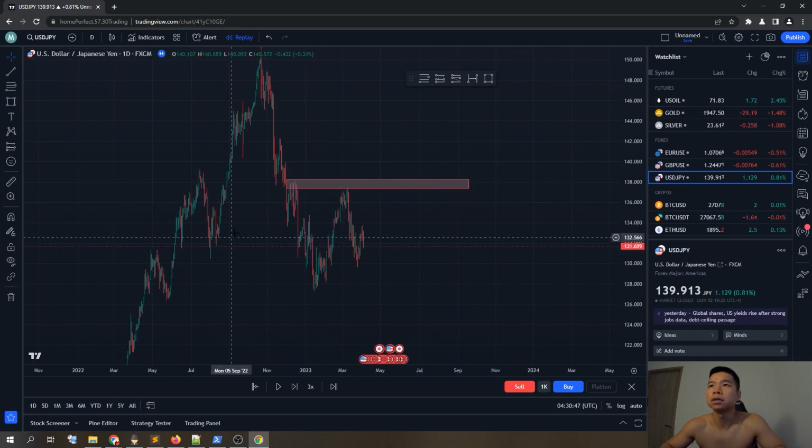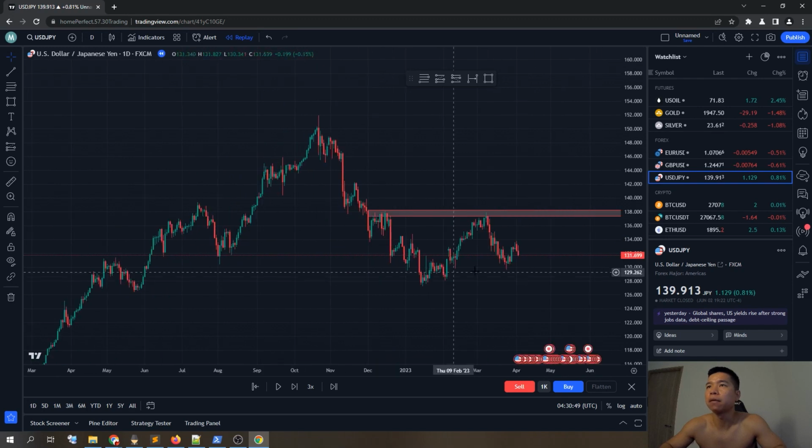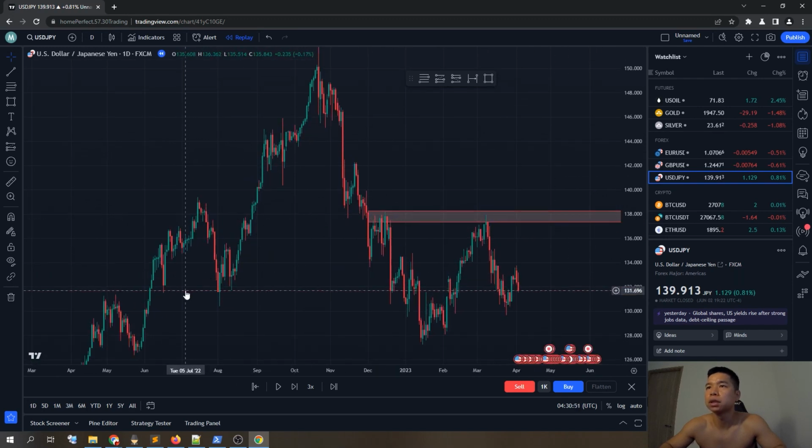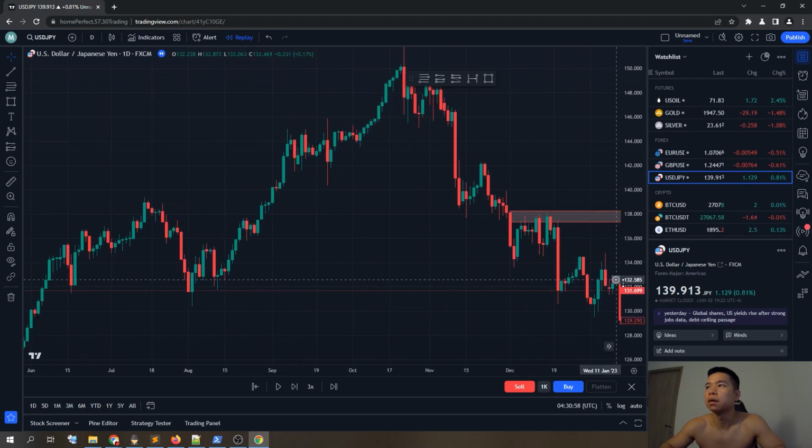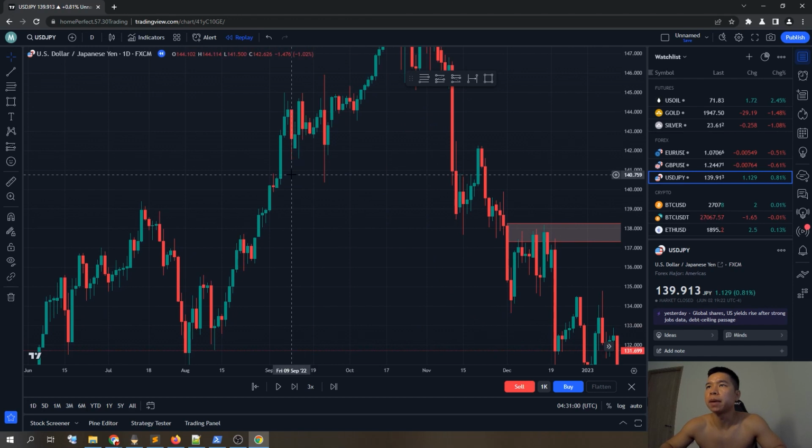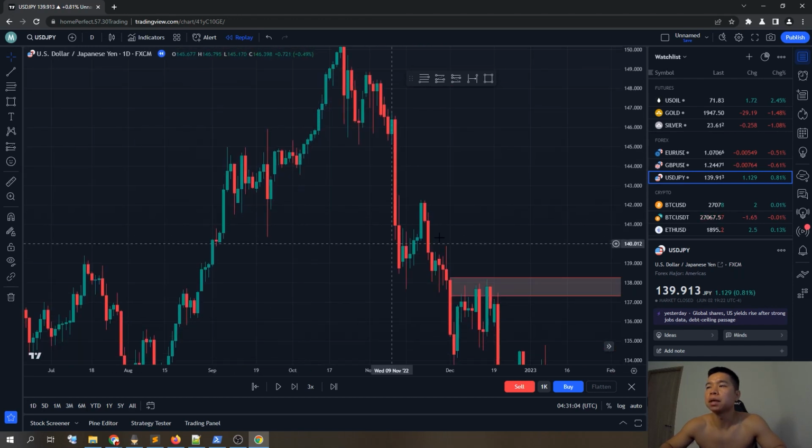One day it's already broken out of the uptrend, which is here. It did retrace back to the order block over here and up again.